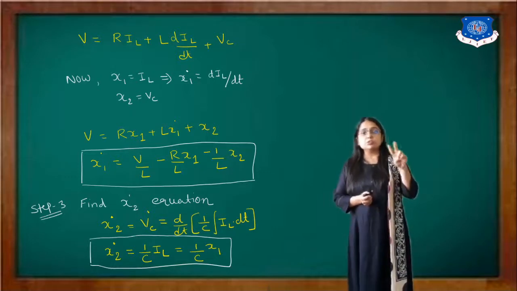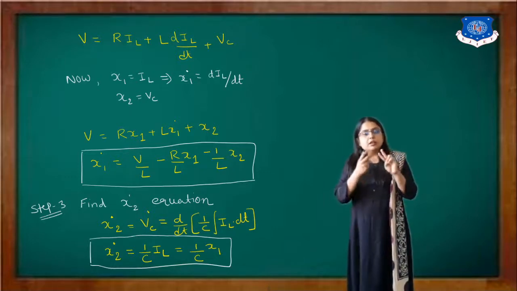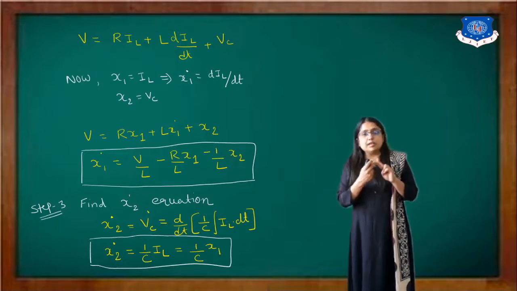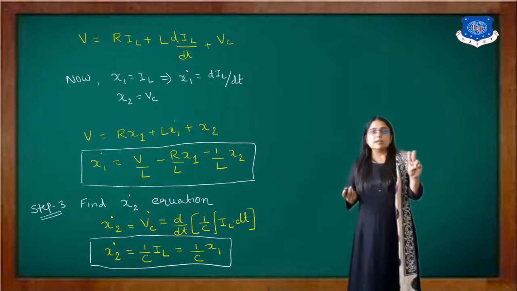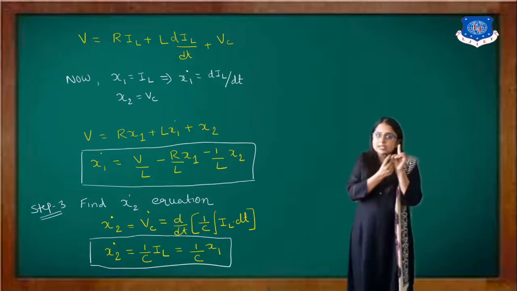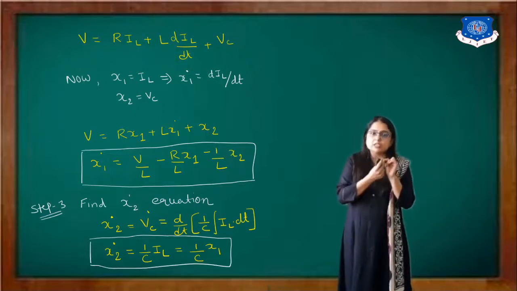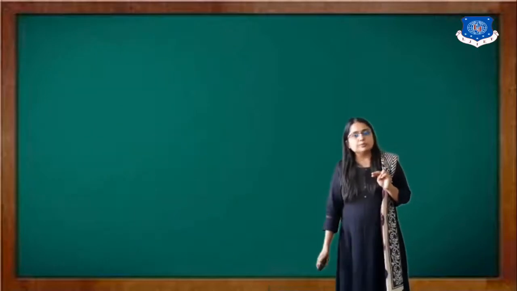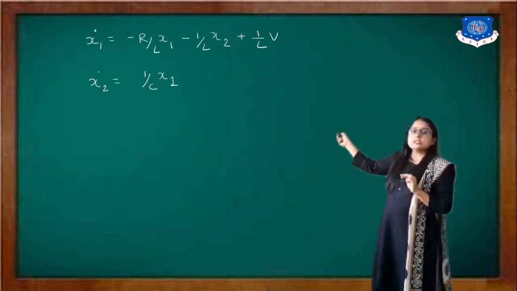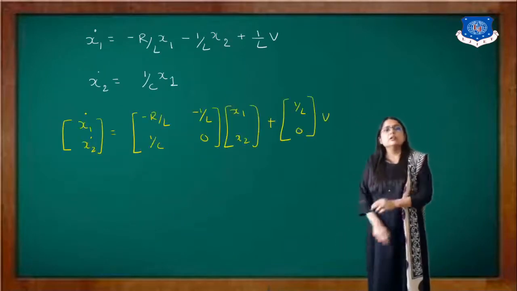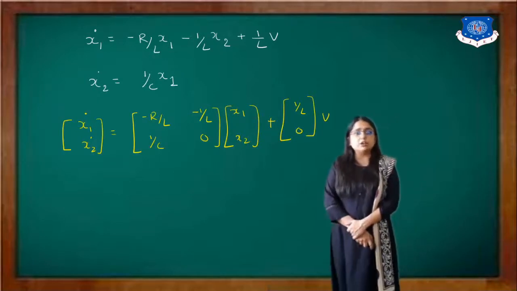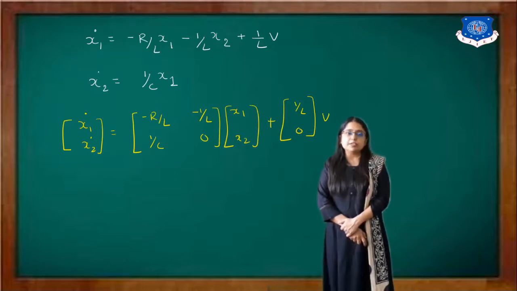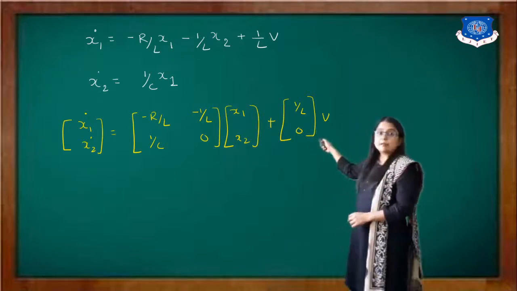So here I have two equations. How many equations will you get? That is the number of state variables. Here I take two state variables, so the first equation is of x1 dot and the second equation is of x2 dot. Now we can easily write down our state space equation, x dot equals Ax plus Bu.